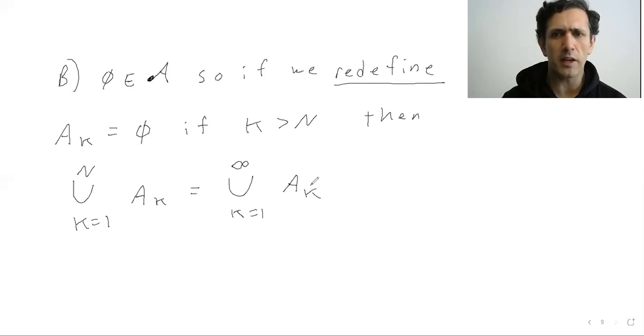All the AKs are in script A, and if we redefine AK to be the empty set for K bigger than N, still the AKs are in script A. So everything's in script A. And we know countable unions of stuff in script A is in script A. So it's in script A.